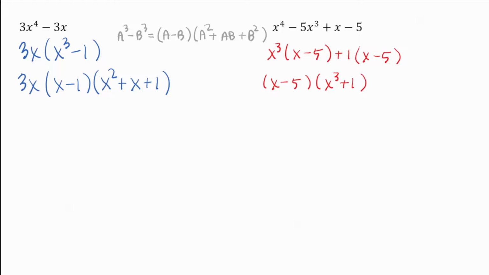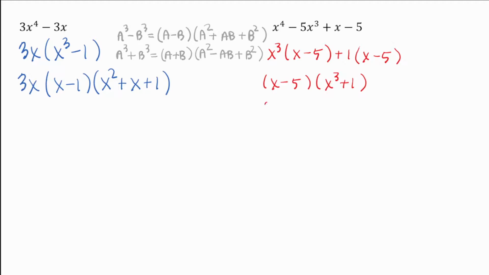Okay, x to the 3 plus 1 is a sum of 2 cubes. So I'm going to again copy in the pattern. I know it starts with a and b, and then there's a squared, ab, and b squared. Okay, it's same, opposite, always positive.